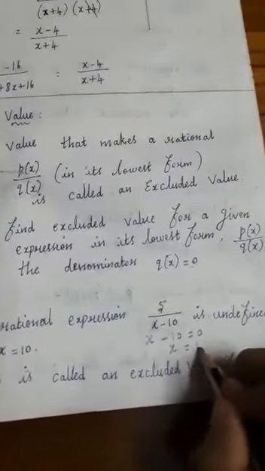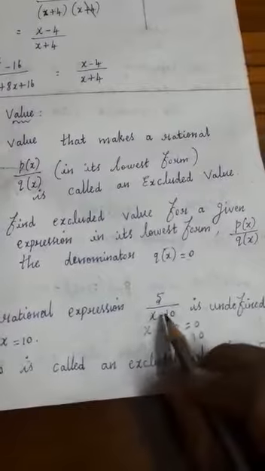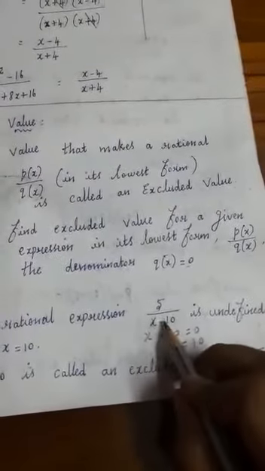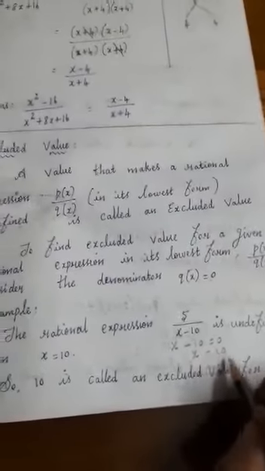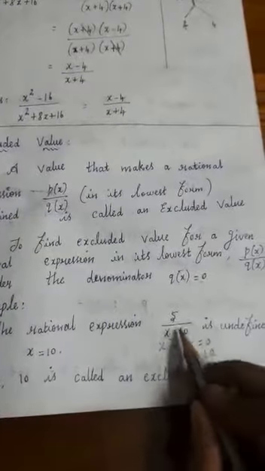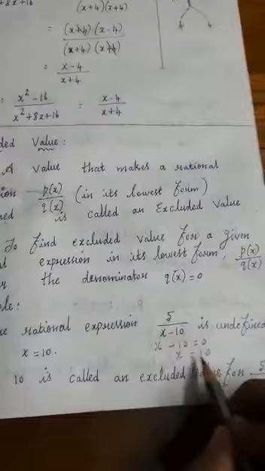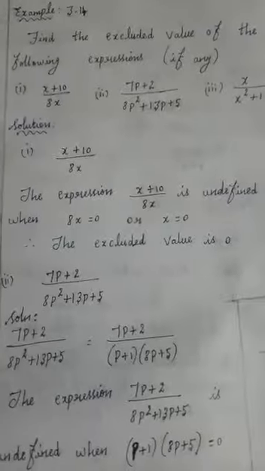If you substitute this value, the denominator becomes 0 and the expression is undefined. So this value is called an excluded value.